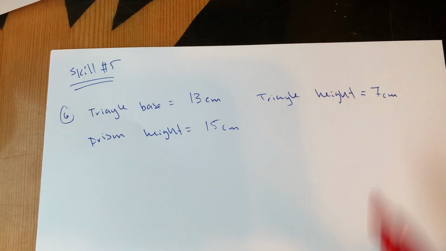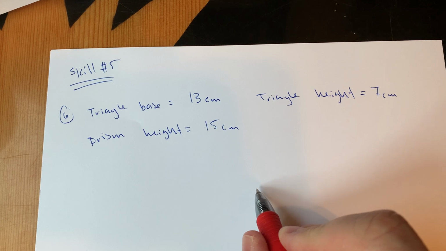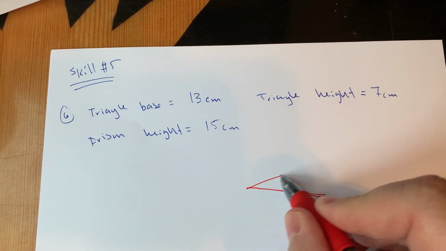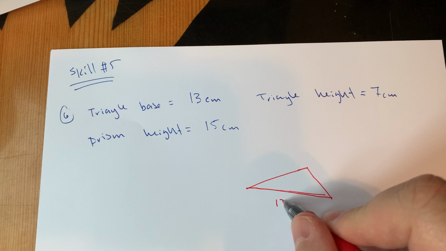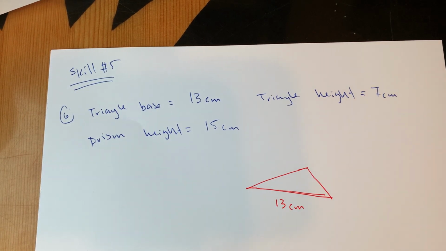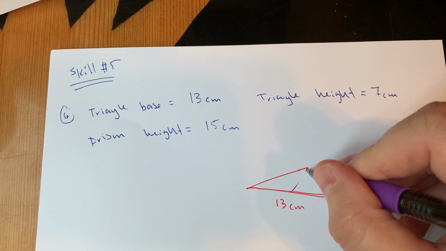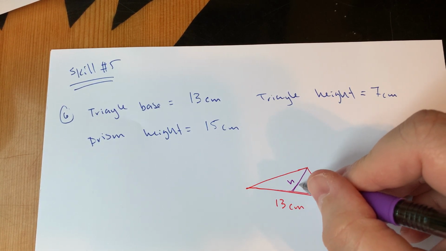So just to try to get a little bit of a visual going, and these are of course a little tricky to draw. So we have a wide triangle here. So this is 13 centimeters going across. The idea is we have a height value here that was 7.